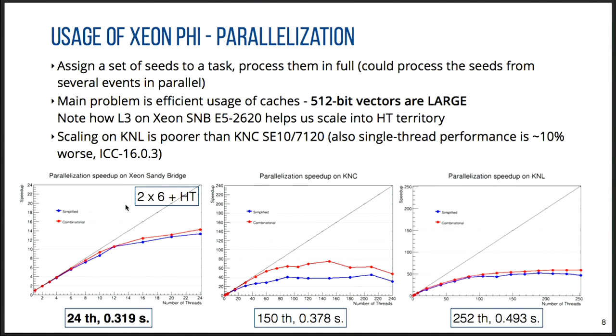You want to look at the red line. We also just ran the same code on KNL, with no optimization for KNL, and we can see that we have completely worse parallelization speedup on the KNL. But if you look at this one, our 24-thread Xeon Sandy Bridge is still the winner, and we just barely finally have a KNC matching it.